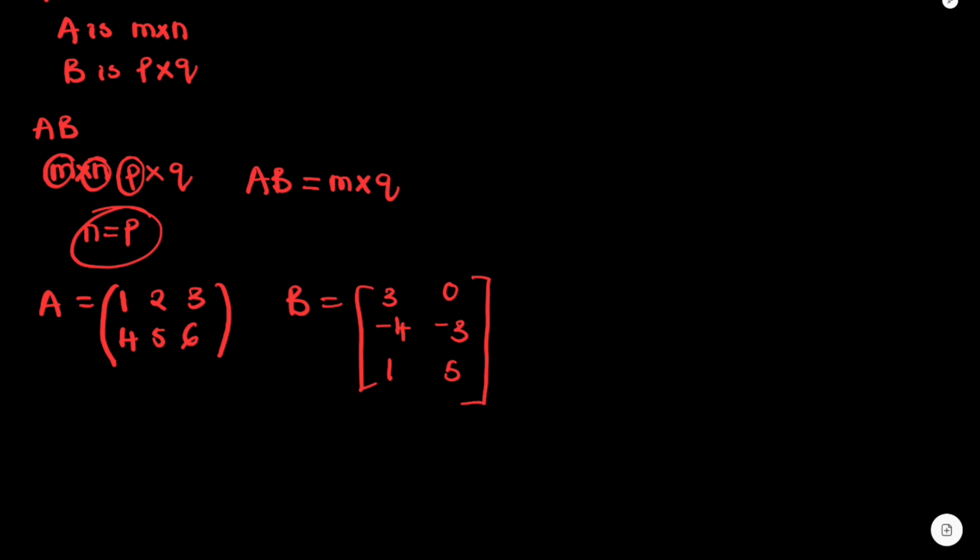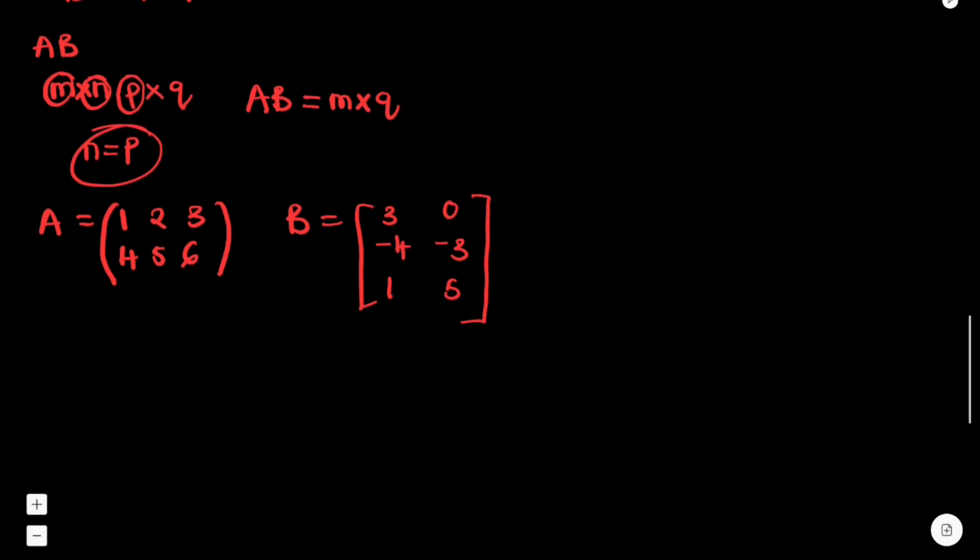Okay, so as I said, to look for the product AB, we need to determine the order of these two matrices and see whether they can be multiplied. So let's take the order of A first. What is the order of the matrix A? It is a 2 by 3 matrix, and B is a 3 by 2 matrix.